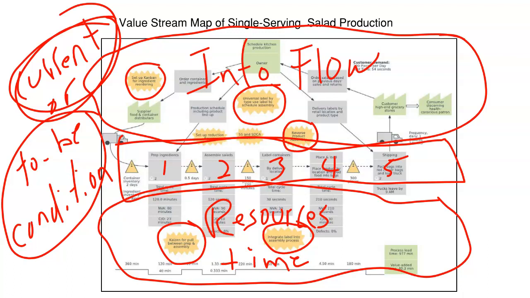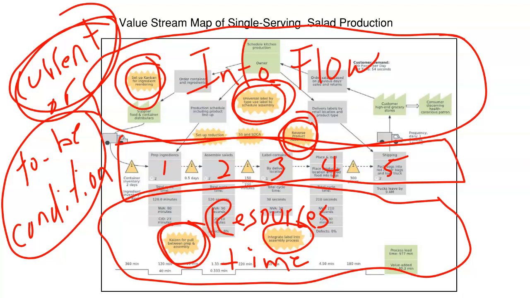A value stream map not only shows the process steps, the information flows, and the resources needed to fulfill a customer request, it also shows some of the projects that we'd like to implement to help improve the process itself.